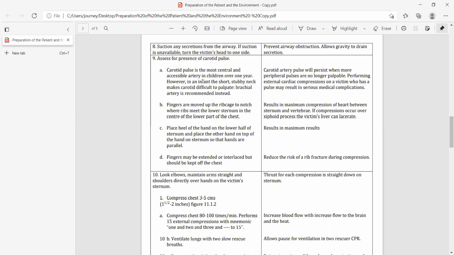So as years pass by, we find it difficult to palpate, but we can palpate, okay, because this is the only pulse that will help us indicate whether the person is still alive or not. In children too, the carotid pulse is more preferable, but in adults and all, the brachial artery is also being assessed, okay.